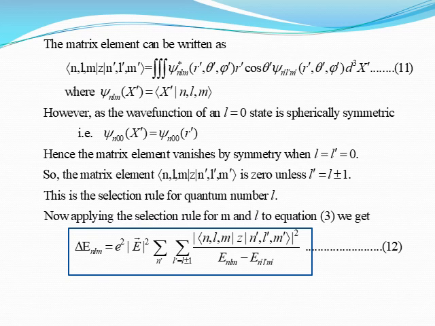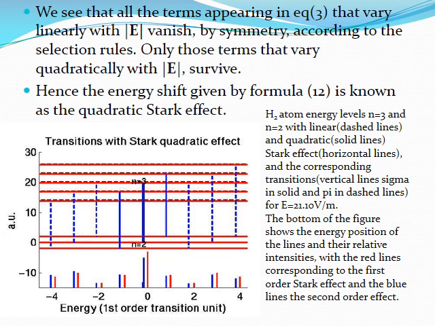This represents equation 12. We see that all the terms appearing in equation 3 that vary linearly with |E| vanish by symmetry according to the selection rules. Only those terms that vary quadratically with |E| survive.